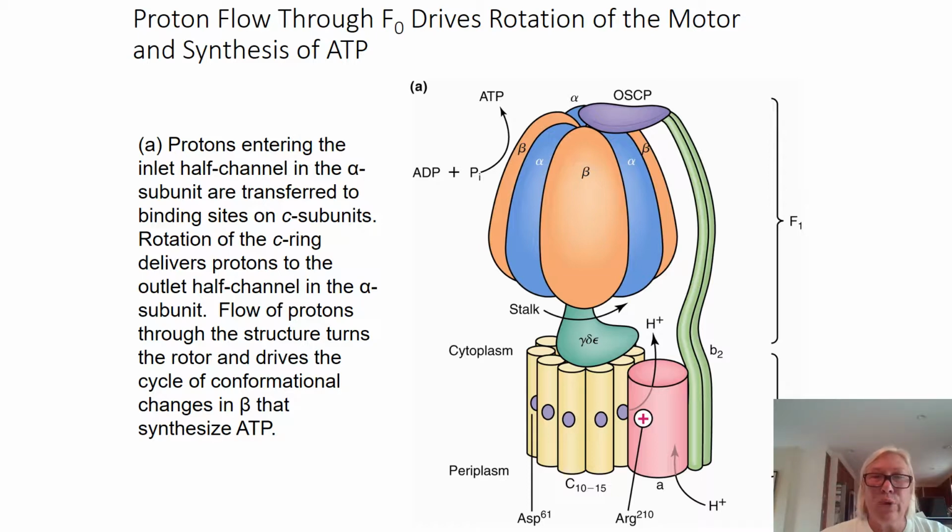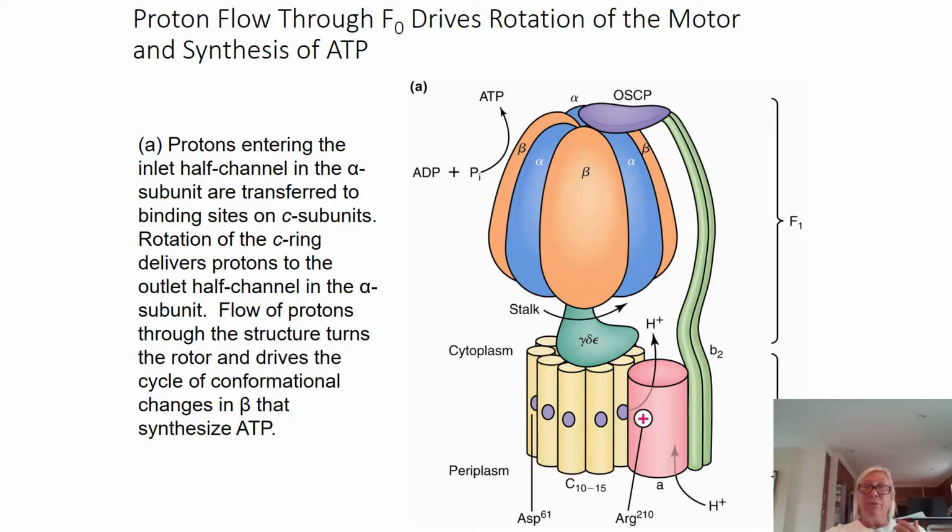This portion rotates, and when it gets around to this side, the hydrogen ion is released into the outlet channel. So this A unit has two separate compartments, inlet and outlet channels.